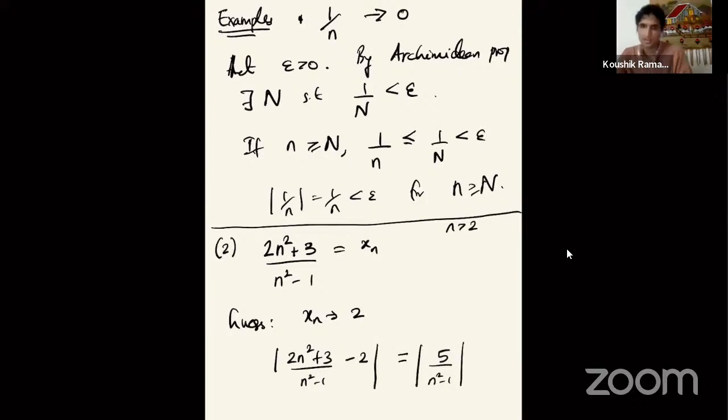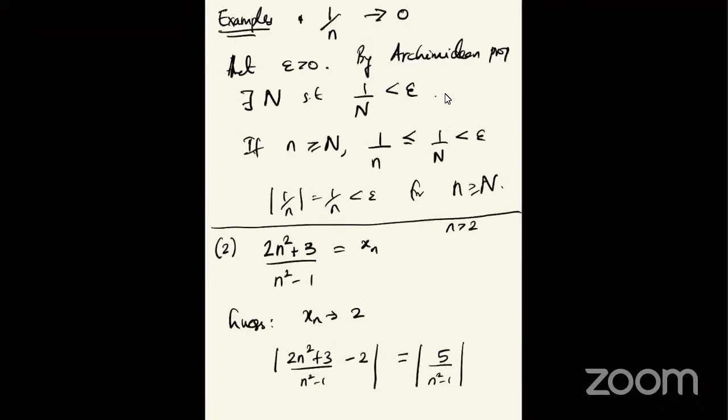The question is, if you give me an epsilon, how do I make this quantity less than epsilon? Maybe someone else can tell, how does one show? For large enough n, how to choose n so that this is less than epsilon?